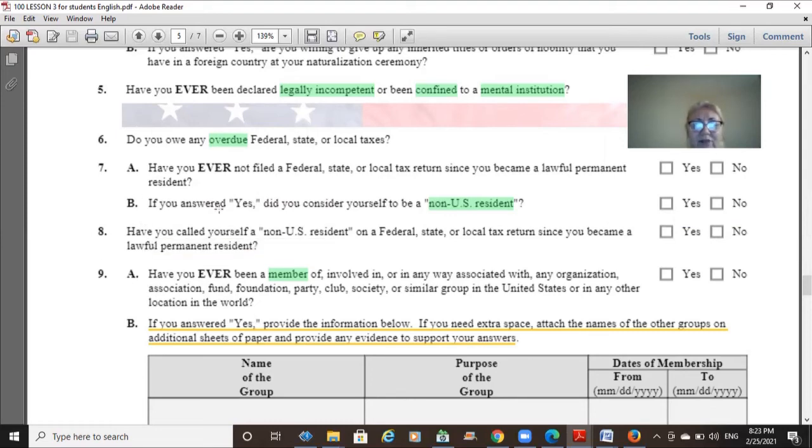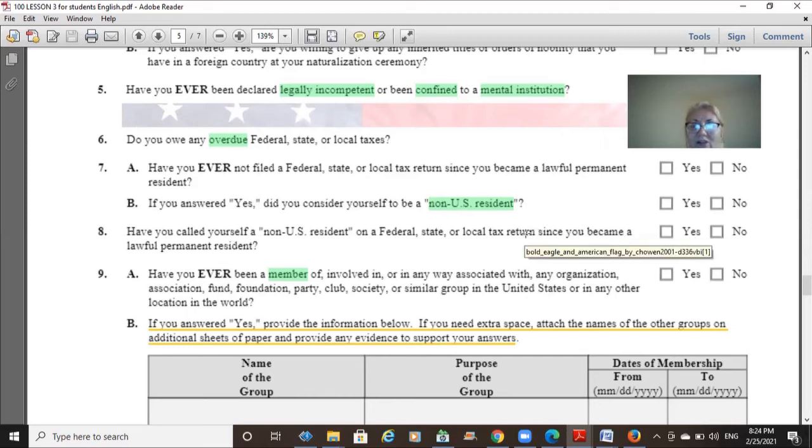Number 8, have you ever called yourself a non-US resident on a federal, state, or local tax return since you became a lawful permanent resident? So the problem here is you have a green card and you are a lawful permanent resident, but you call yourself a non-US resident on a tax return because you don't want to pay taxes.